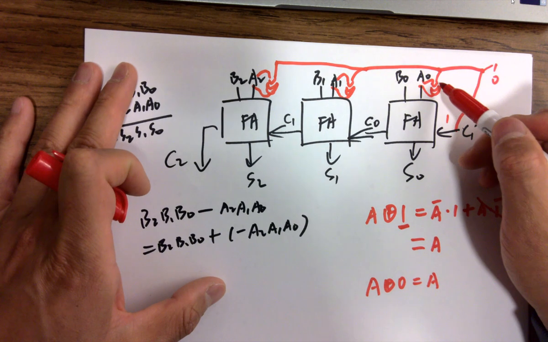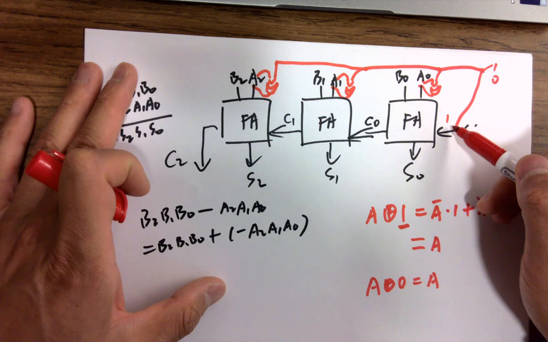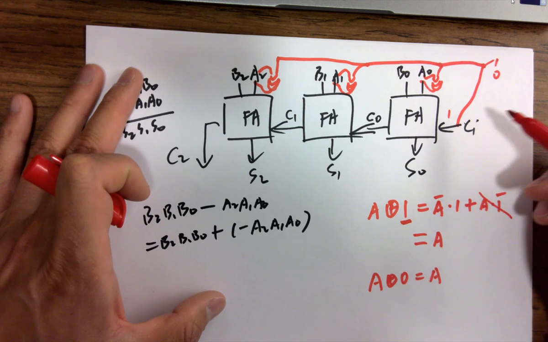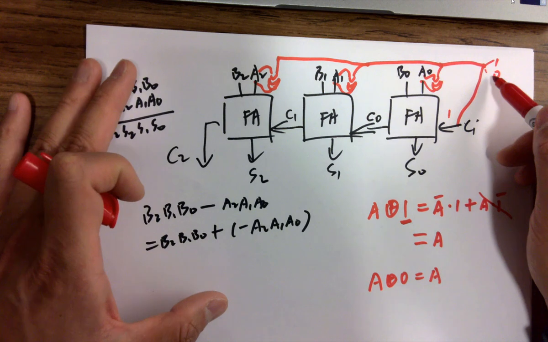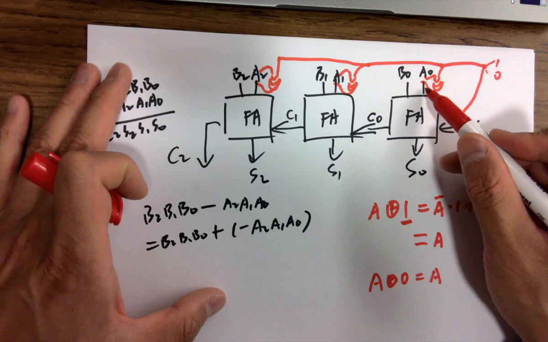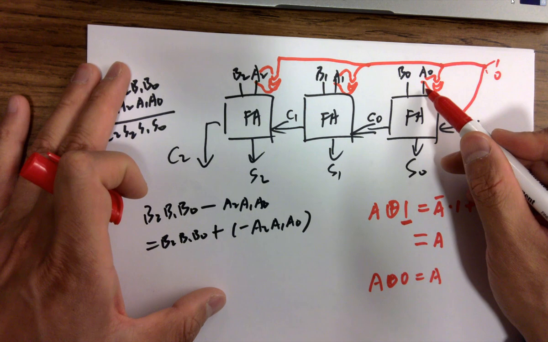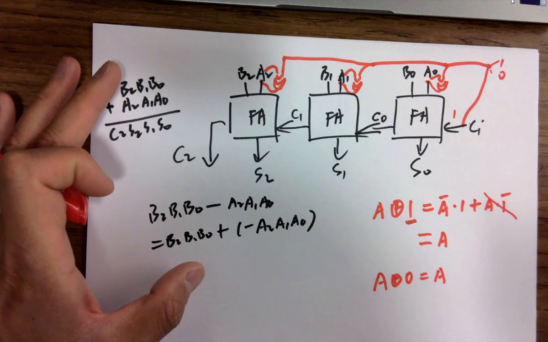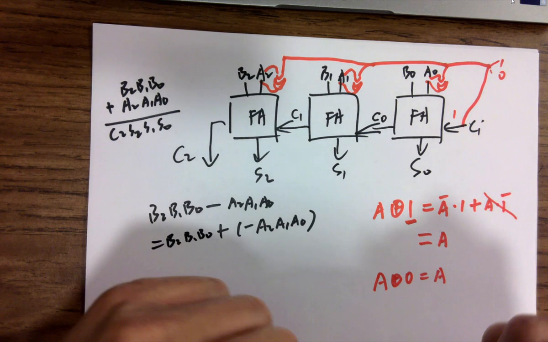So you are flipping everything and also adding a 1 to it, so it performs as a subtractor instead of an adder. If you put it to 0, it's not changing A, so A will be sent directly to the output of the XOR gates, and you are doing the adding operation instead of subtraction. So that's how we do that using XOR gates.